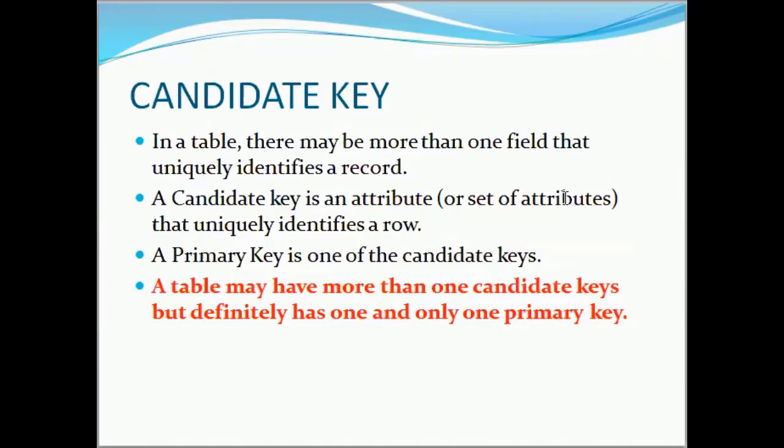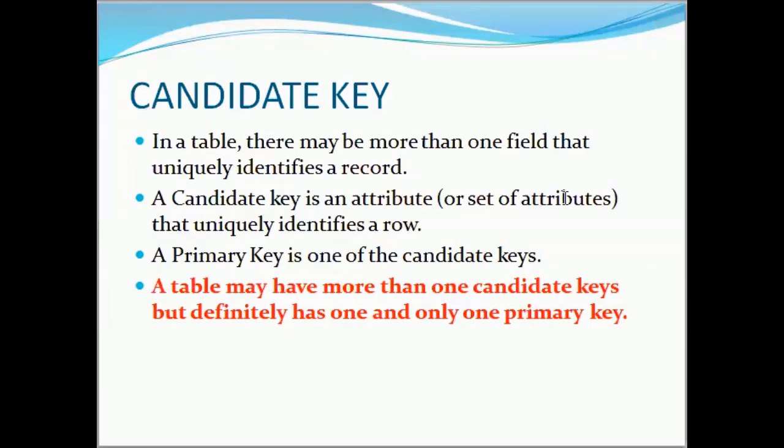These four keys together we call candidate keys, because using any of these keys or a pair of these keys will uniquely identify a particular record. And one among the candidate keys is selected as primary key. So primary key is a subset of candidate key.